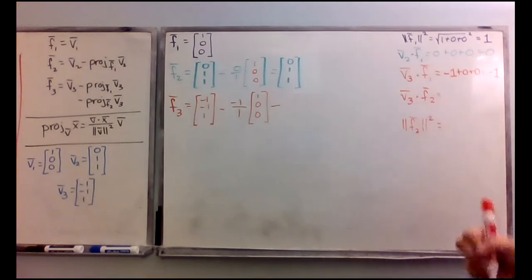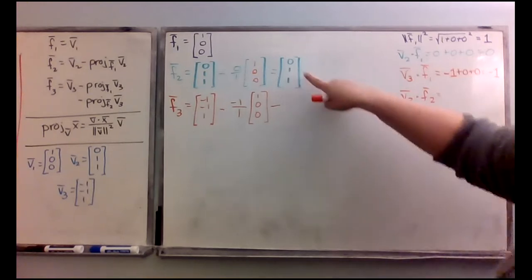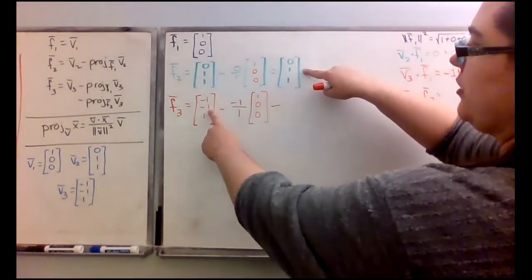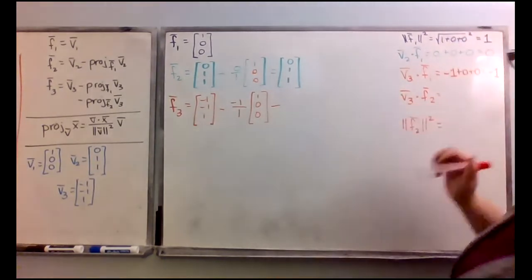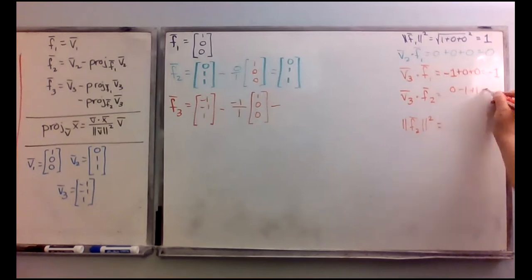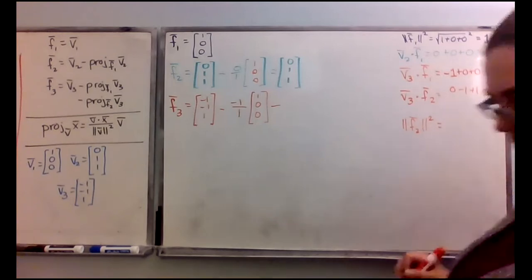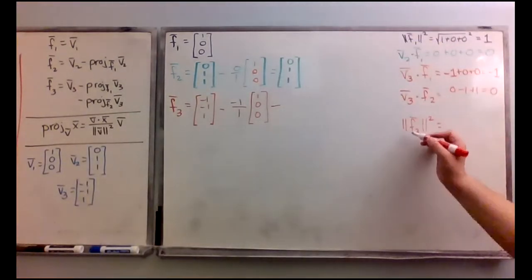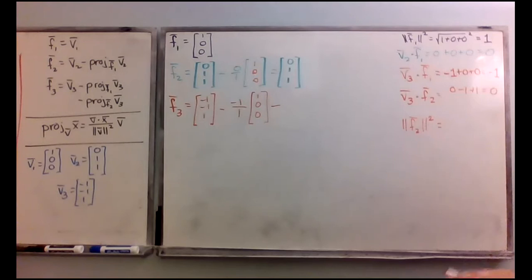So V3 dot F2. Okay, so here's my F2 and here's my V3. That's going to give me 0, -1, plus 1. So is that giving me 0? Yeah, looks like it. So I don't have to find this, but I'm going to find it just for completeness' sake. This is going to give me the square root of 0 plus 1 squared, which is 2.